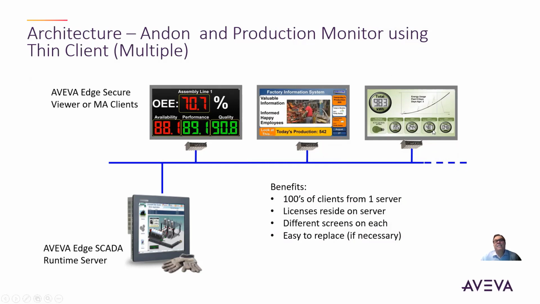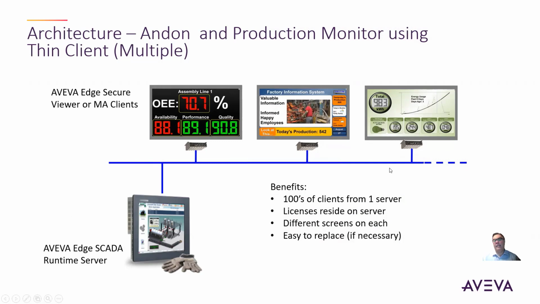This could also be a facilities thing where you're monitoring energy usage or building automation. You can have this rotating between different screens. And what's nice is these are easy to replace if necessary. You put in a new device and configure it where it needs to go, and it's pretty much up and running at that point.